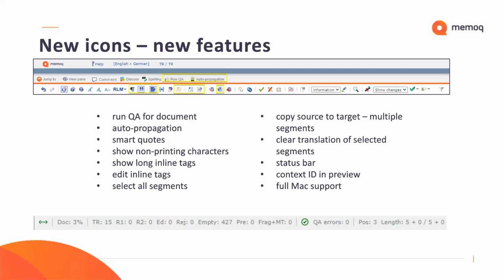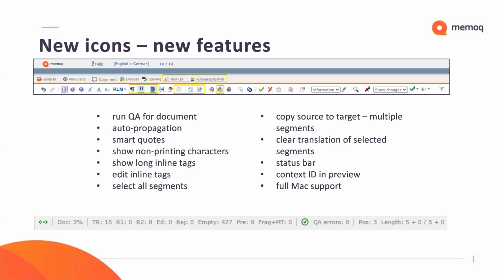And once we were there, we implemented some new features when dealing with multiple segments. So now you can copy source to target in multiple segments. You can select a number of segments and press the keyboard combo, or just click the icon, and immediately you would have all those rows populated with the copied content on the target side.